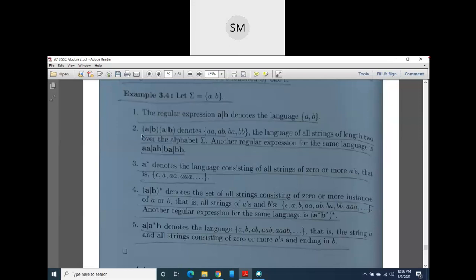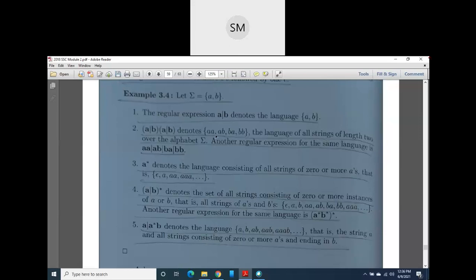It denotes A concatenated with A, so it is AA. Then A concatenated with B, so it is AB, and B concatenated with A is BA, and B concatenated with B is BB. So like this, it is denoting the language. In these braces, whatever I have written separated by commas represents the language of all strings.